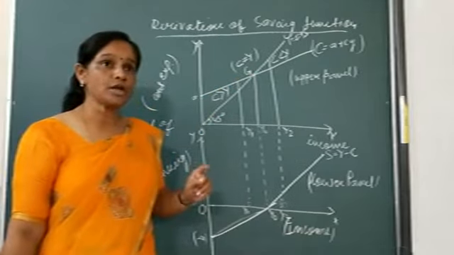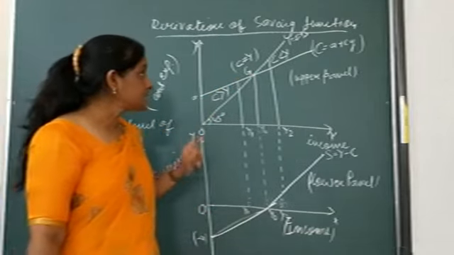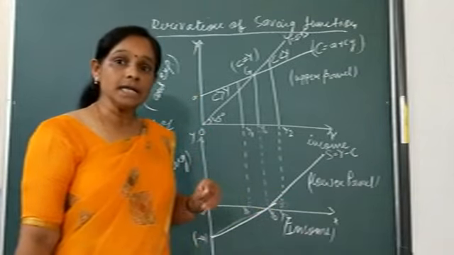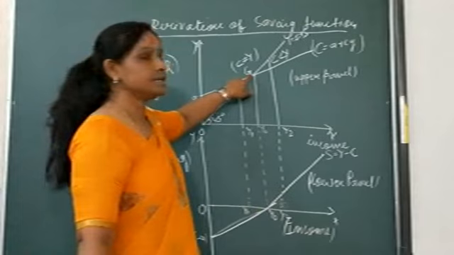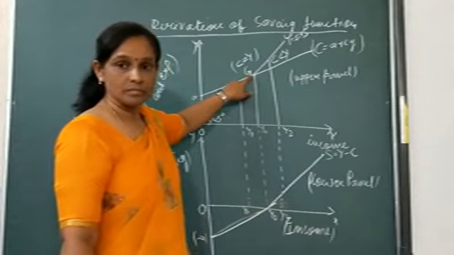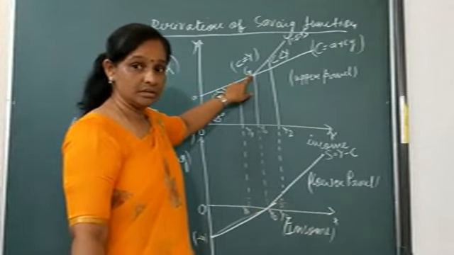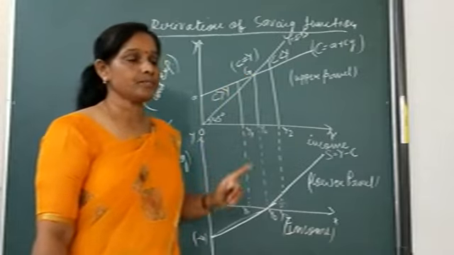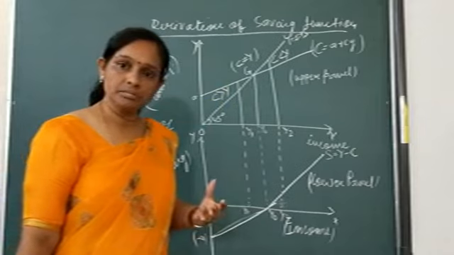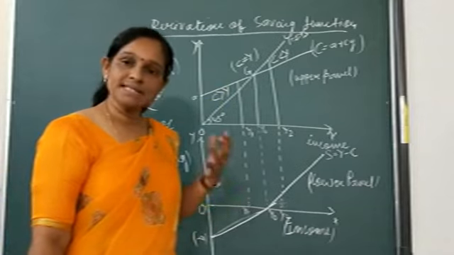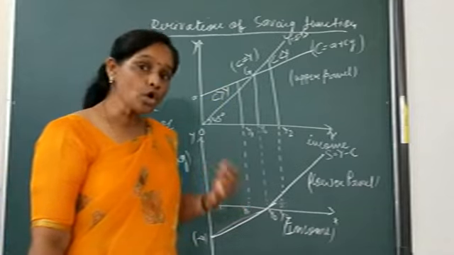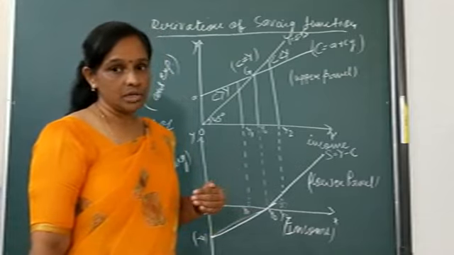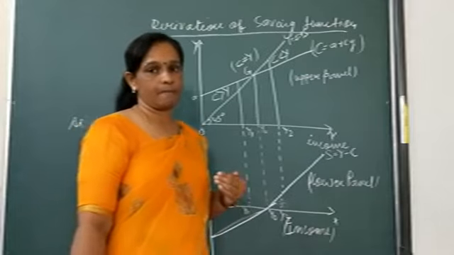At OY naught level of income, desired consumption expenditure is intersecting the income line at point G. Means whatever income the economy is having, the total income it is using for consumption expenditure.